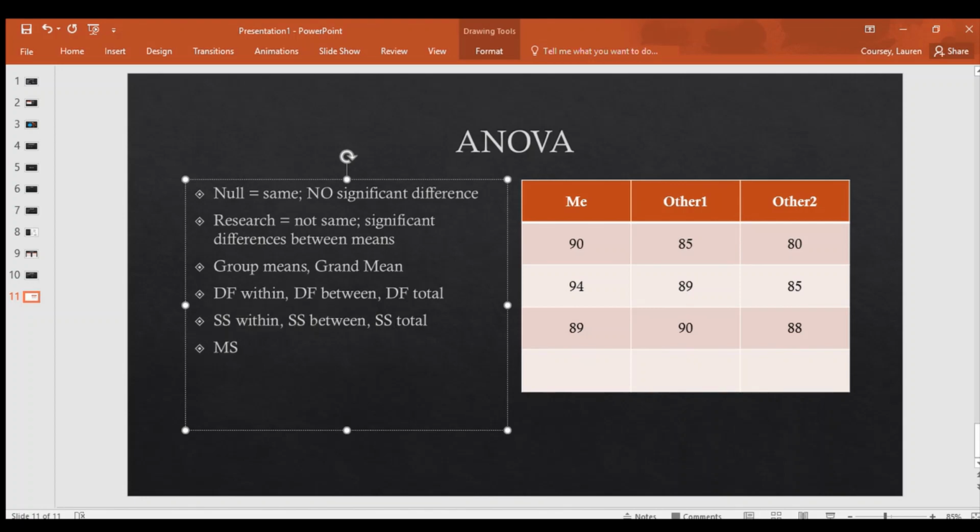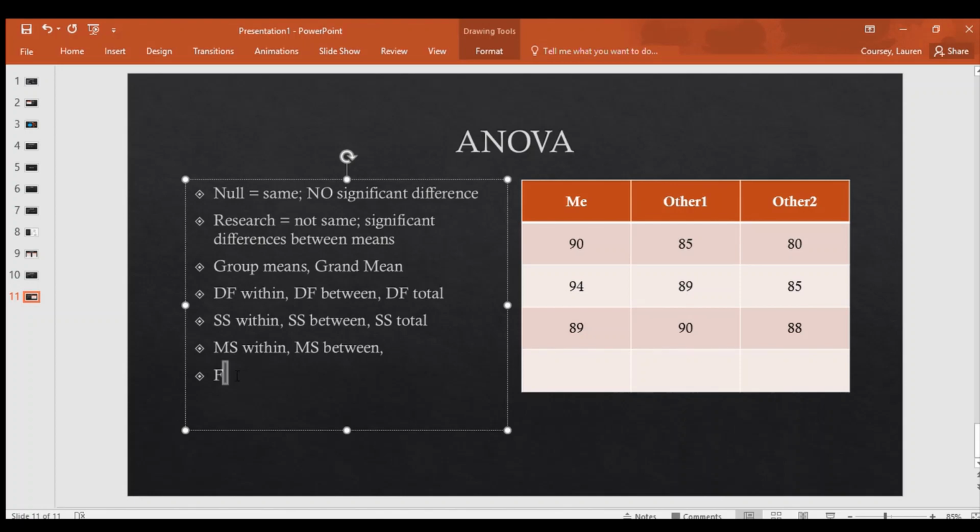I would calculate what's called my mean square within, my mean square between, and I could calculate my mean square total, but we won't be too concerned with that because I will use my mean square within and my mean square between to get my F statistic. Just as we did before, I would compare it to an F critical value that I get from the F table using my two measures of degrees of freedom and my alpha level that I decide upon.